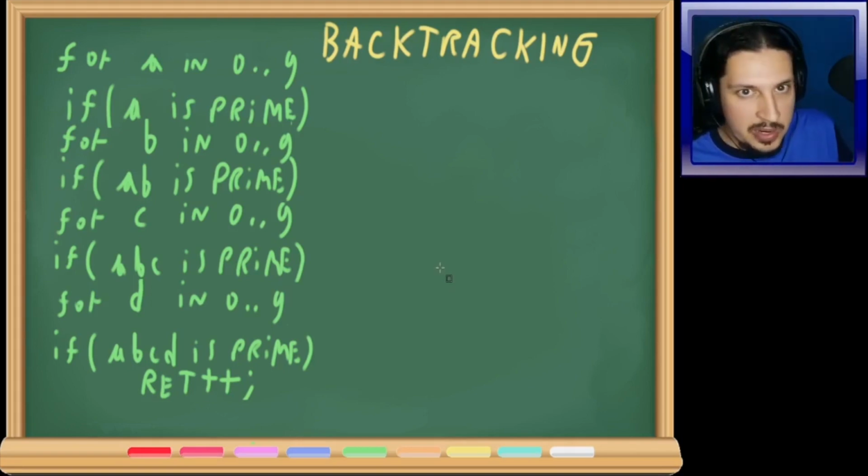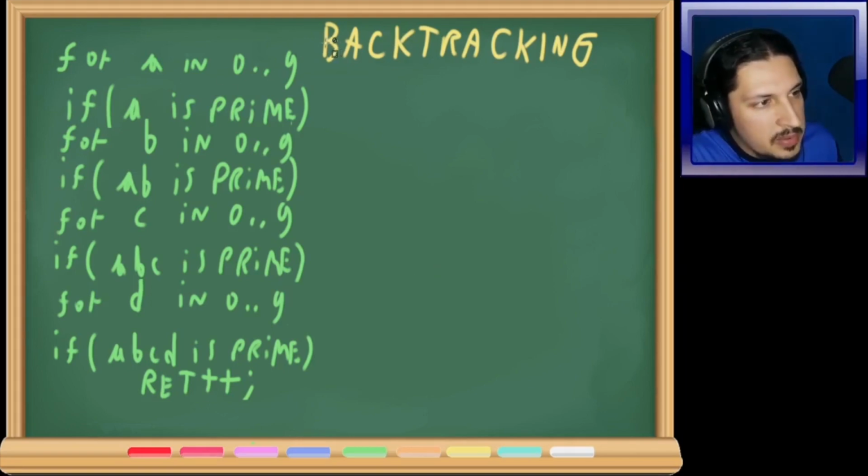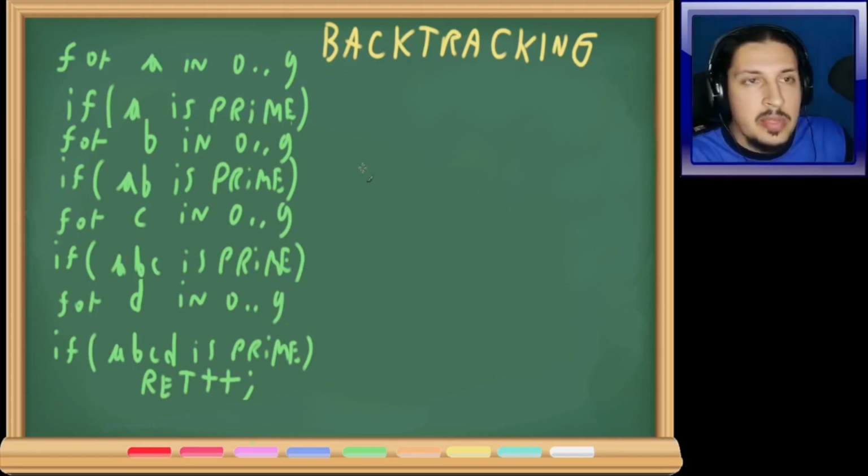Now, what is the complexity of this other method? Well, something very common in backtracking problems is that computing the exact time complexity or being sure of the time complexity is hard. But almost always the complexity is much better than brute force.